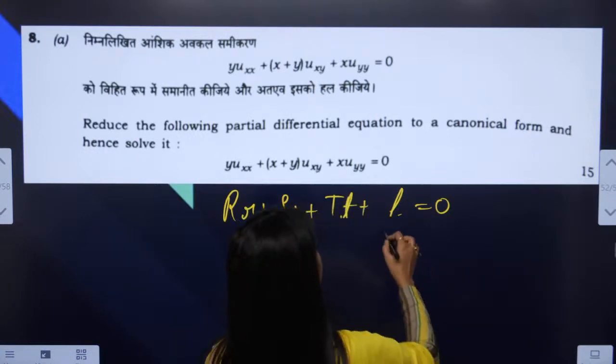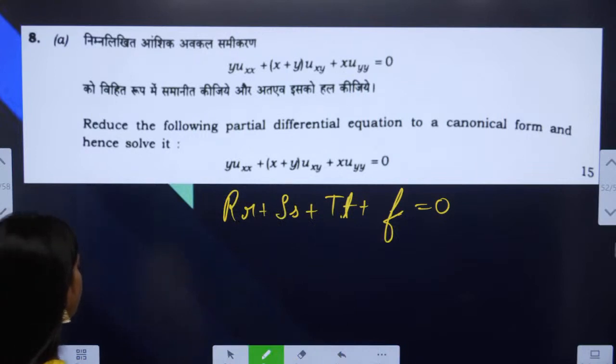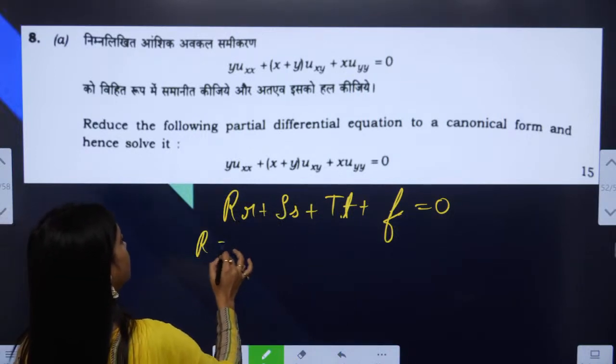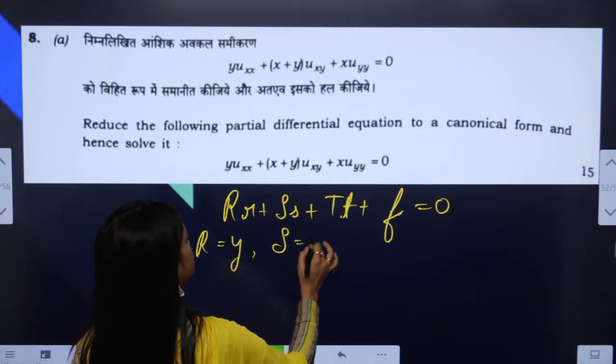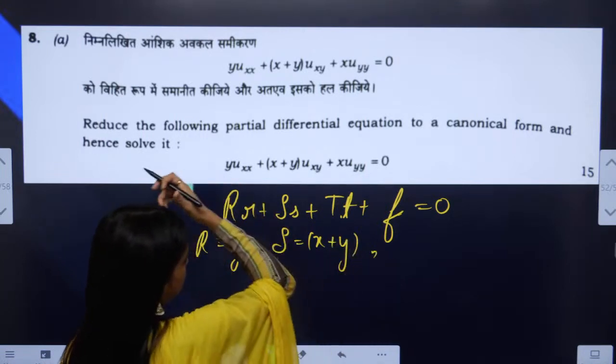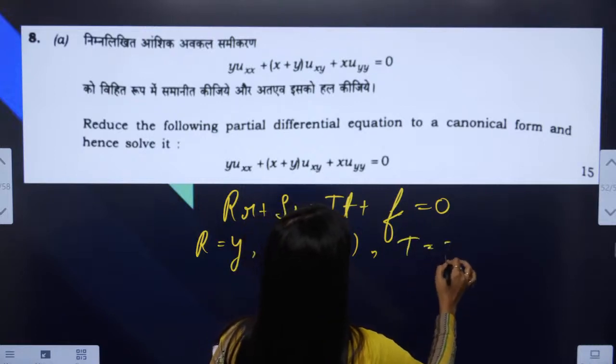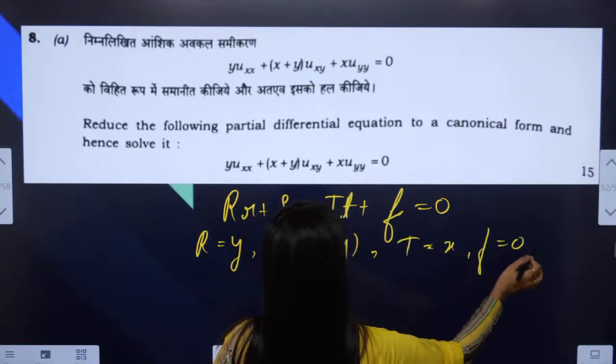If you make the comparison, you can get R is y, S is x plus y and T is x and F is 0, right.